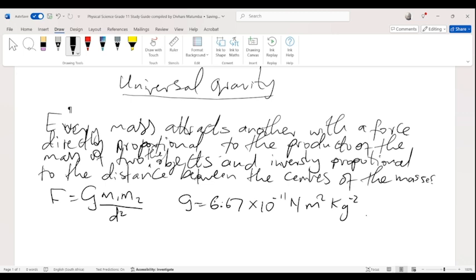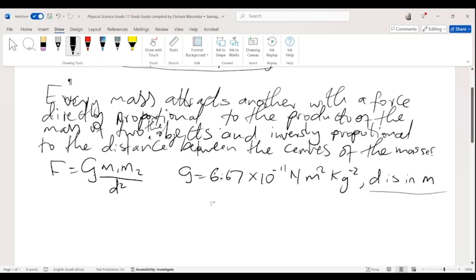Okay, and of course your d is in meters.